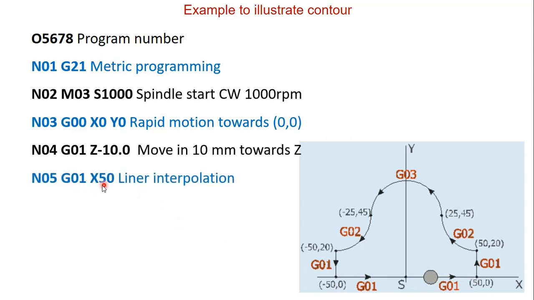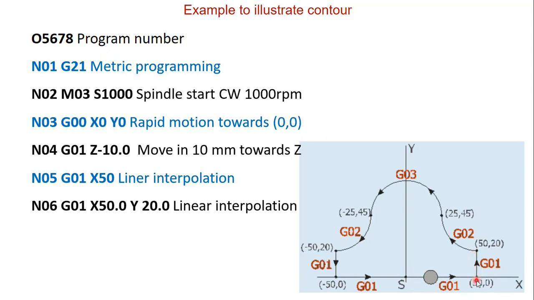G01 X50. From here the tool will move to X50, Y0. Nothing is mentioned for Y, which means Y is already mentioned earlier, so that will be considered. So Y0, and it will do a milling operation. Then from 50,0 it has to move to 50,20 in linear interpolation.